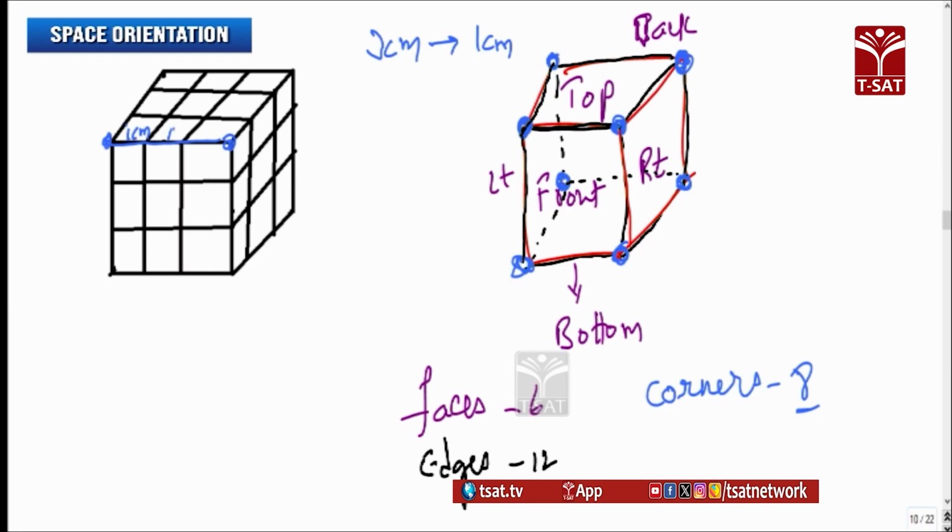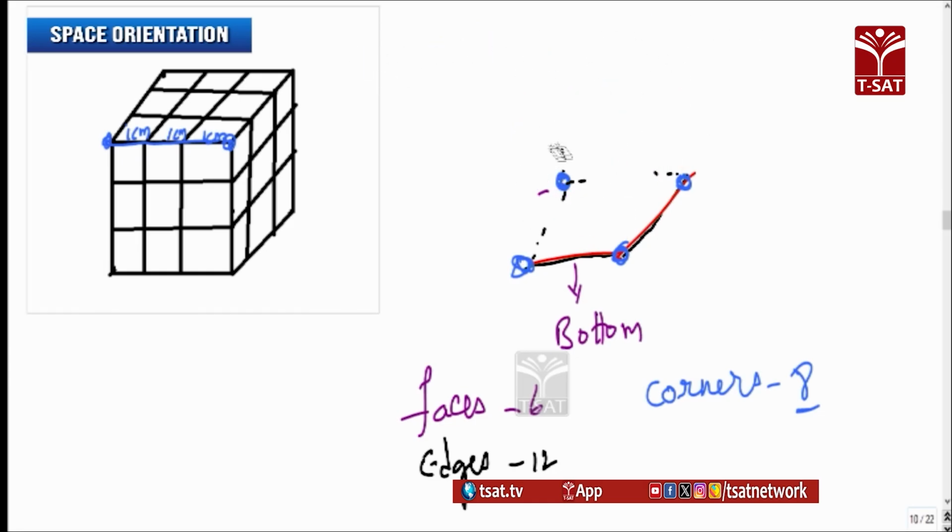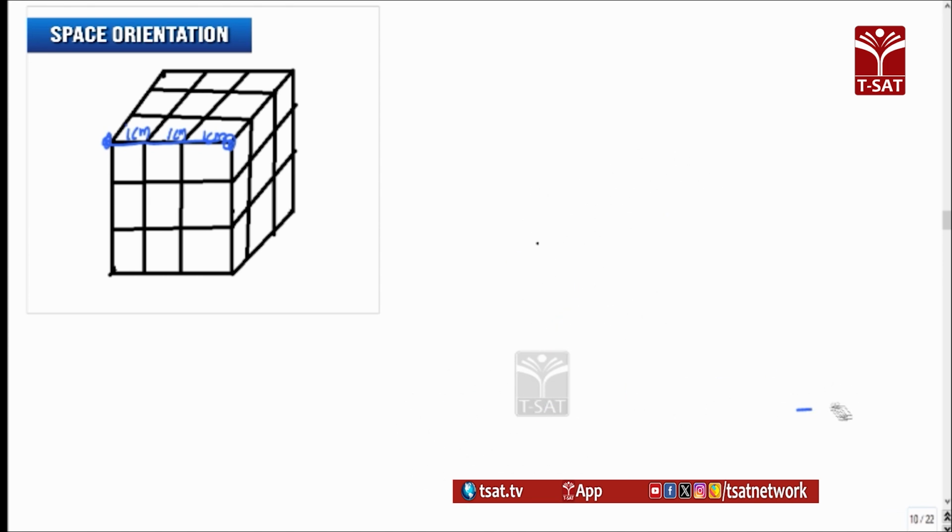So this is 1 centimeter. This is 1 centimeter. So this is also 1 centimeter. So a 3 centimeter cube is cut into 1 centimeter. Now the questions are asked based upon this particular cube. So the first question will be, how many small cubes are formed?